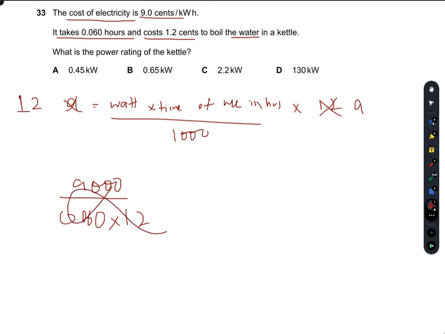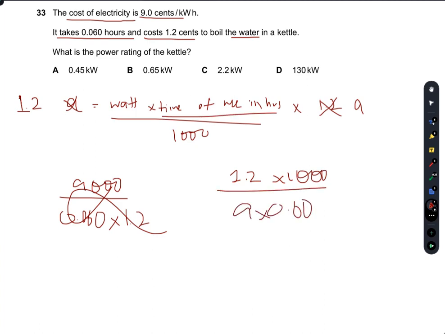And then I again recheck the values. So 1.2 times 1000, and then I multiply 9 with 0.60, which is the time of use in hours. So I will get the watt, the power rating of the kettle. So 1200 over 9 into 0.60 over 5.4, and I divide 1200 with 5.4.